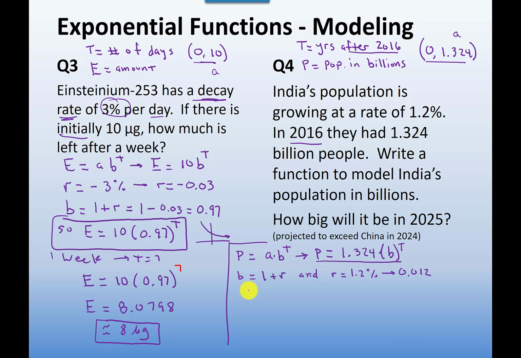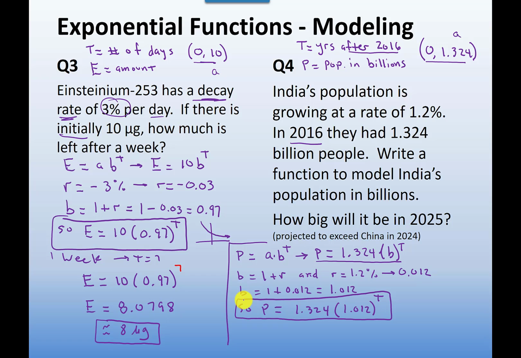So that means we've got B equals 1 plus 0.012. So B is 1.012. That is the rest of my equation. So P equals 1.324 times 1.012 raised to the t power. That is the equation that models India's growth here.